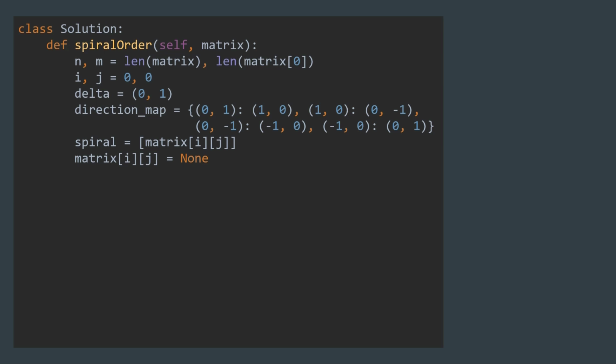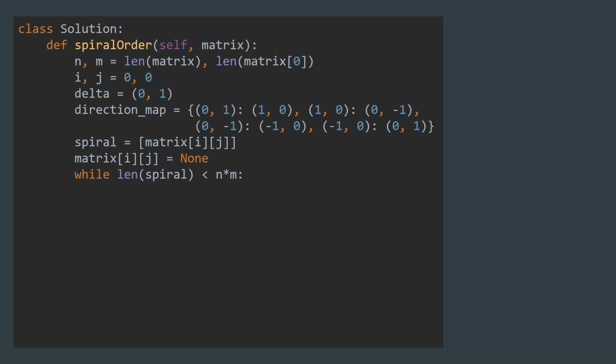Now we keep looping to perform the traversal. We stop when our traversal contains n by m elements. It means that we traversed all cells. This is why we write while len of traversal is smaller than n times m. Inside it, we start by calculating the position of the next cell. The amount with which we shift i and j depends on the direction.